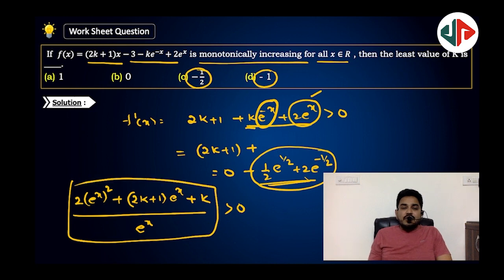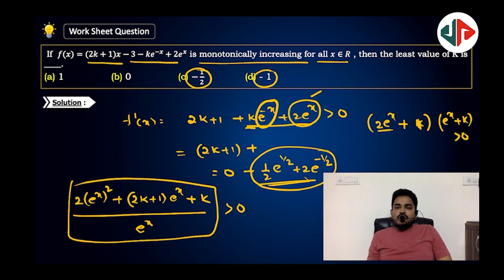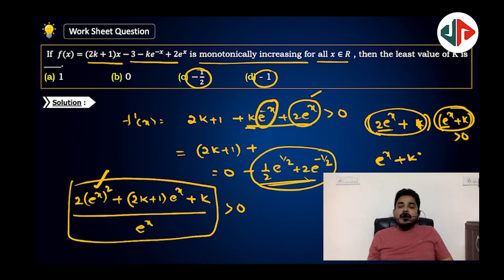This is 2 e power x plus k into e power x plus 1 plus k should be greater than 0. 2k, this value has come. Now 2k plus 1 into this one. This is always positive, so this has to be positive. So e power x plus k should be greater than 0. e power x is always greater than 0.